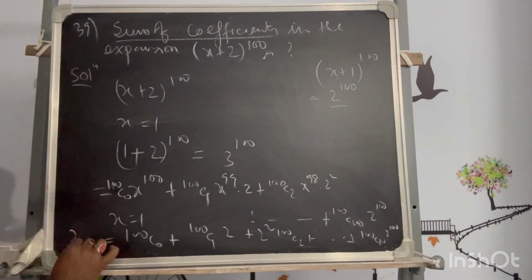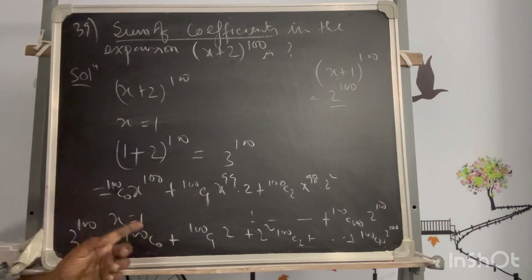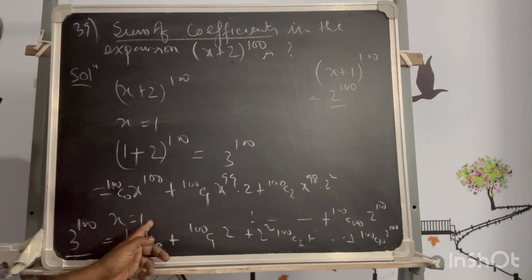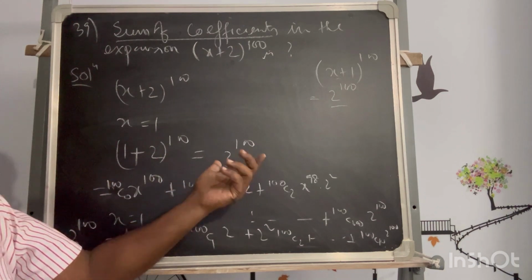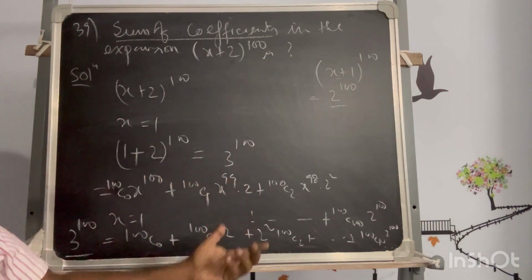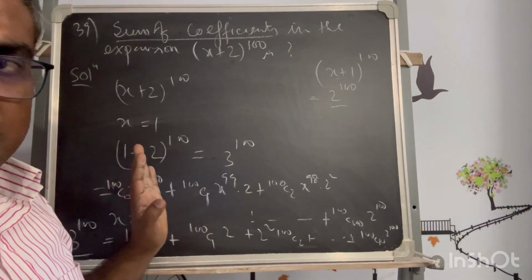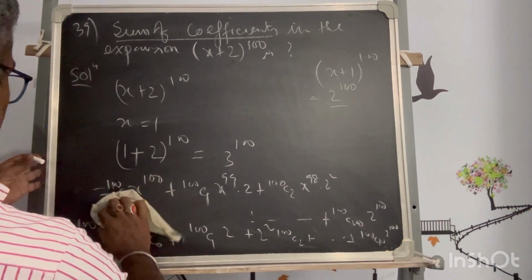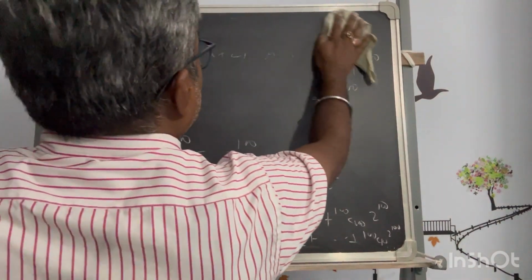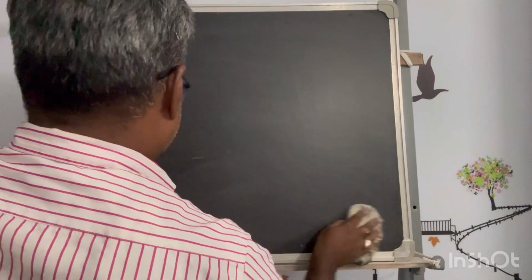So this all together will give you the result that we got by putting x is equal to 1. The same thing you are doing: expanding and putting x is equal to 1, and here directly putting without expanding. So that will give you the same result because I am not adding or deducting anything from there. So logically I will get this answer. Understood? So now the next is number 40.